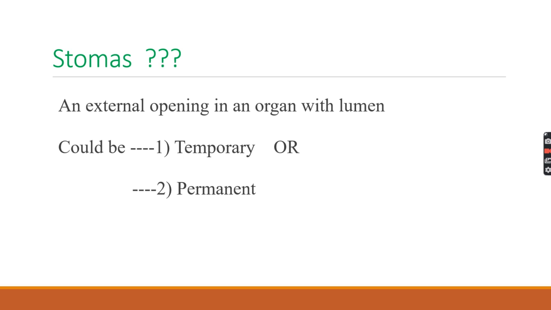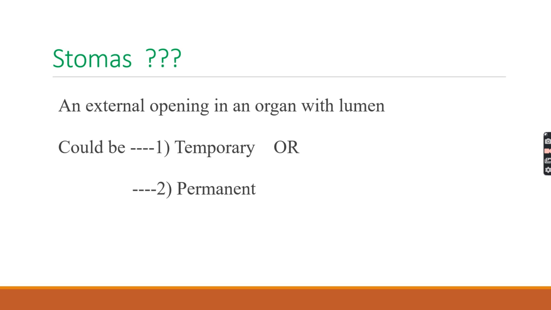And whenever we want to divert the content of that particular organ, we use these stomas. So we can define it like this: it is an external opening in an organ having a lumen, and that external opening is over the anterior abdominal wall.